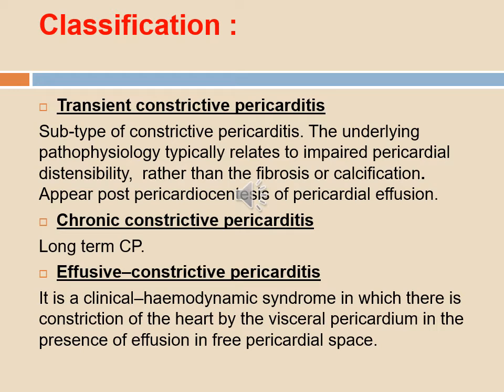It usually follows the aspiration of the pericardial fluid, which is called post-pericardiocentesis of pericardial effusion. The second type is the chronic form of constrictive pericarditis, which is long-term, and this yields the worst prognosis of the three types. Effusoconstrictive pericarditis is a clinical hemodynamic syndrome in which there is both constriction of the heart by the visceral pericardium and the presence of an effusion in the free pericardial space too.